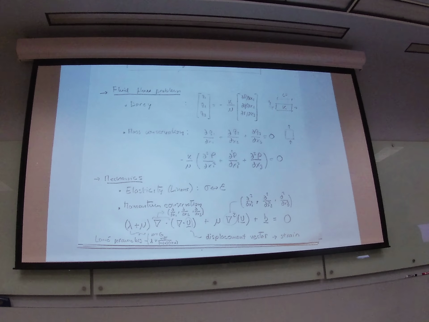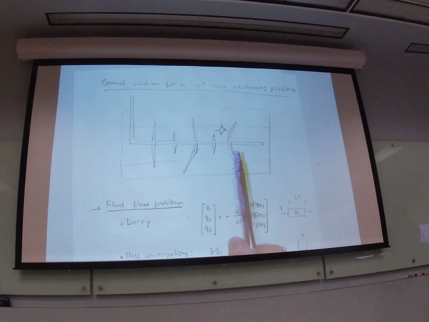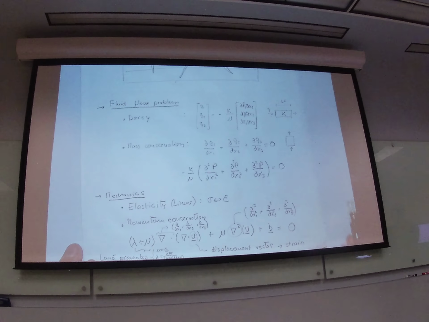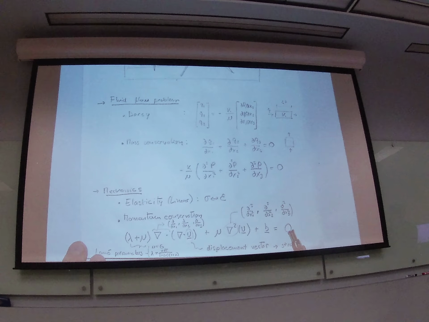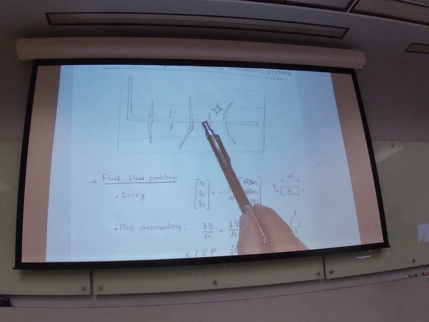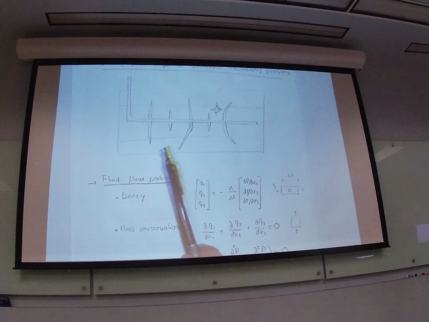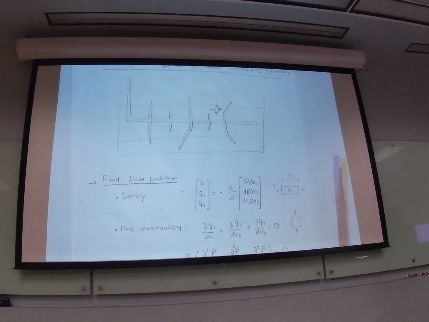You solve this differential equation, and now you will be able to tell me what the stress and strains are in this location. This is the equation that is used for a hydraulic fracture simulator to tell you how far the fracture is going to go, what the width is going to be, and if it's going to go through some of these layers or not.